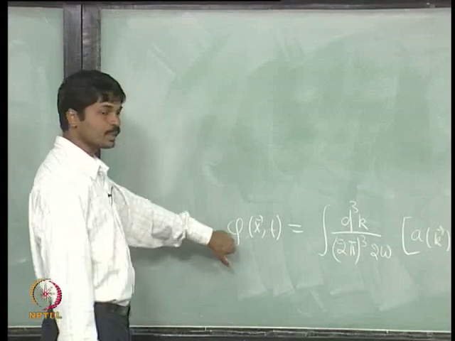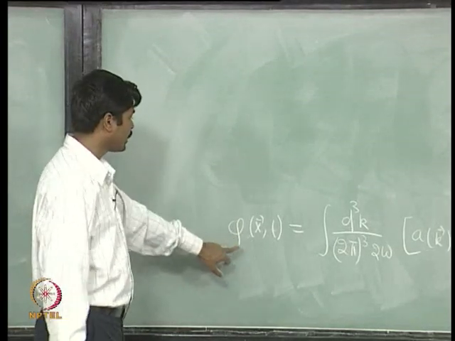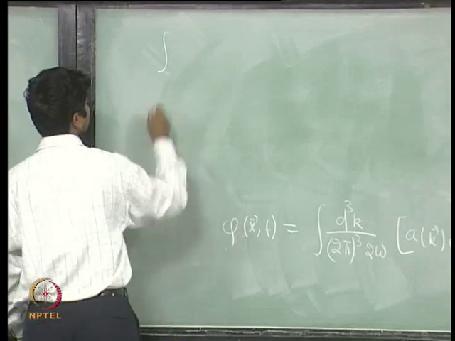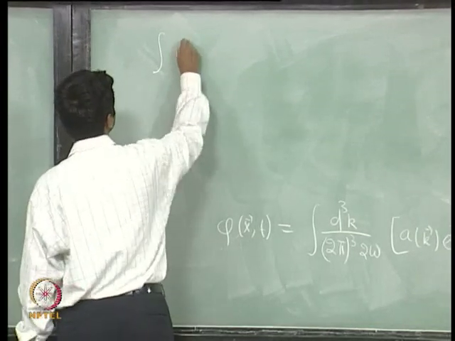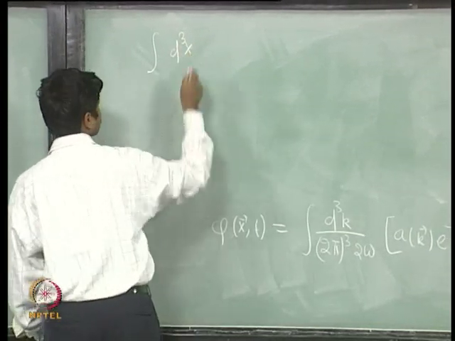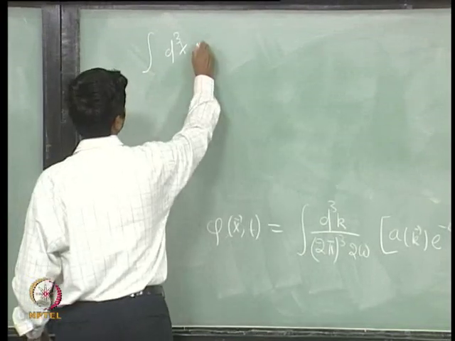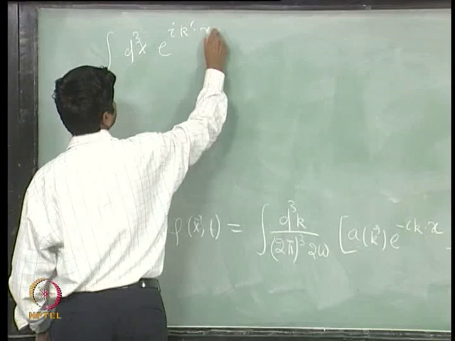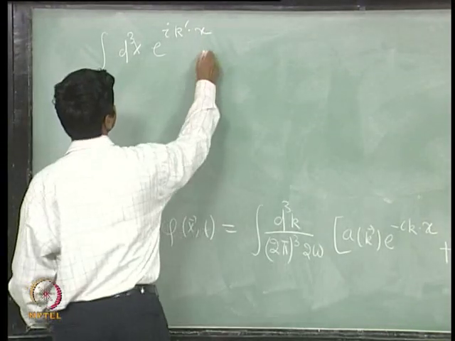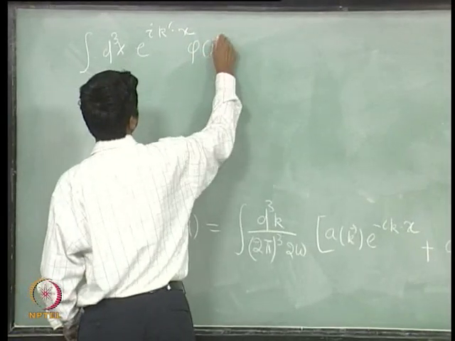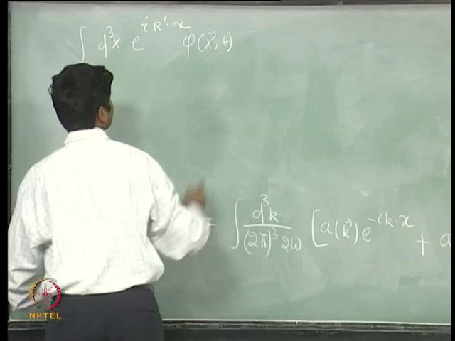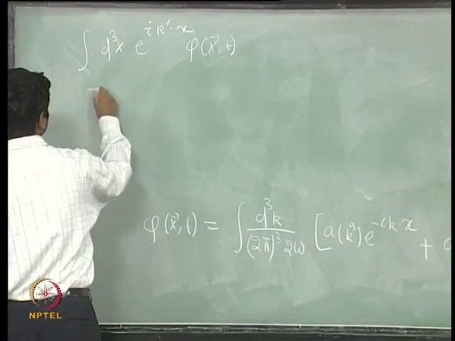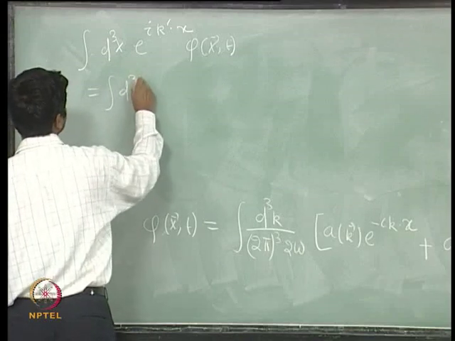So, let us look at the expression for phi, and from this relation what we can do is consider the integration d cube x e to the power i k prime dot x times phi of x, t. So, this is going to be the integration d cube x.